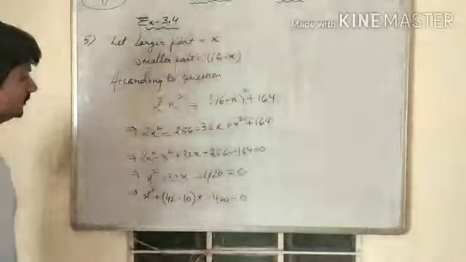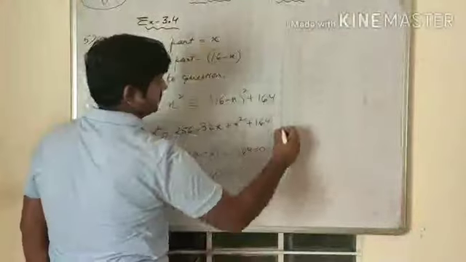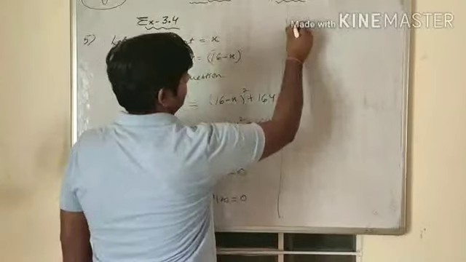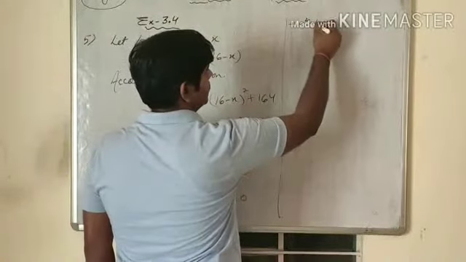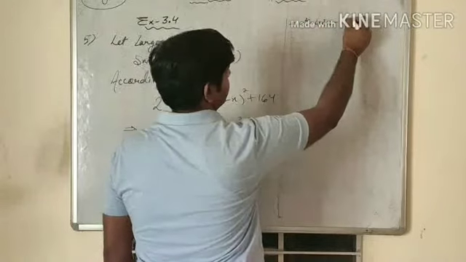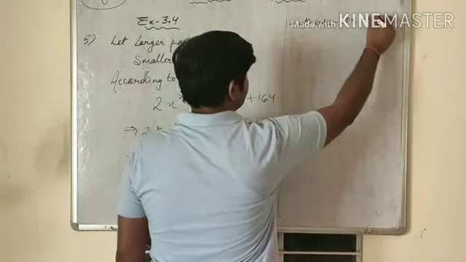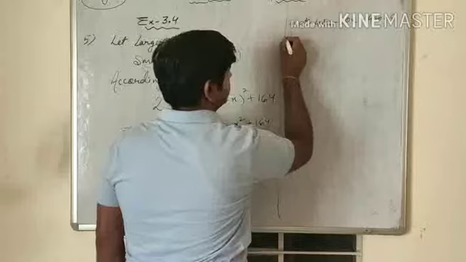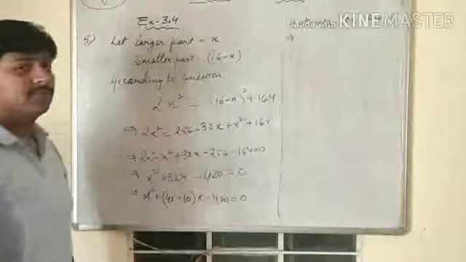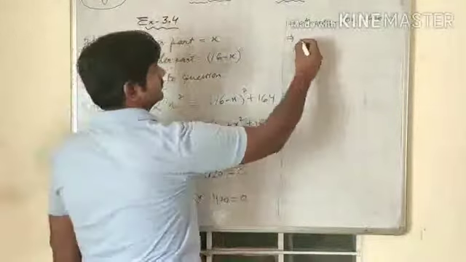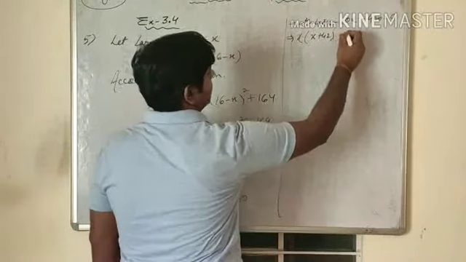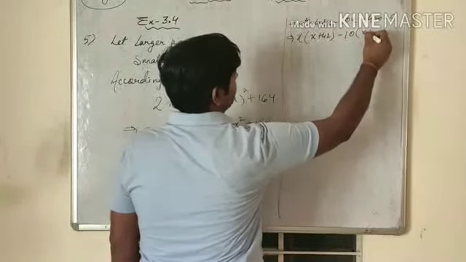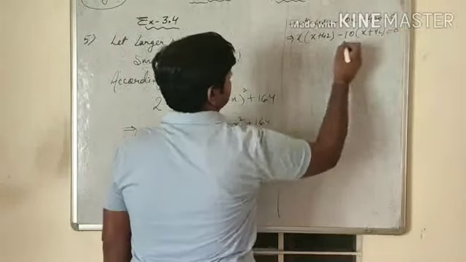Let's solve this. X square plus 42x minus 10x minus 420 equals 0. X we will take common, so x plus 42 is left. Minus 10 we take, so x plus 42 is left.